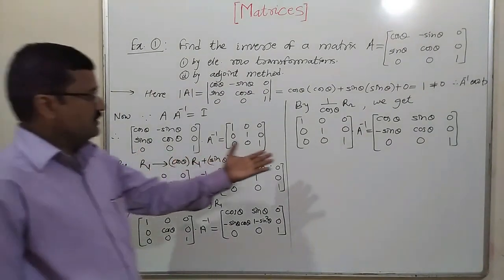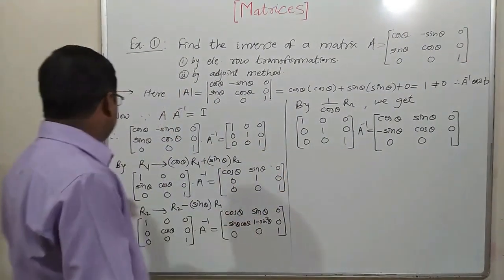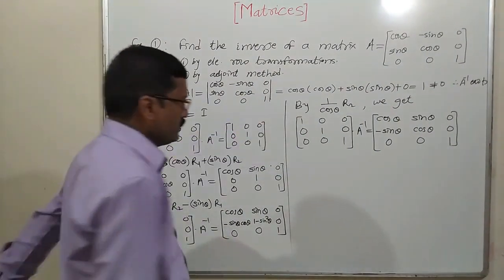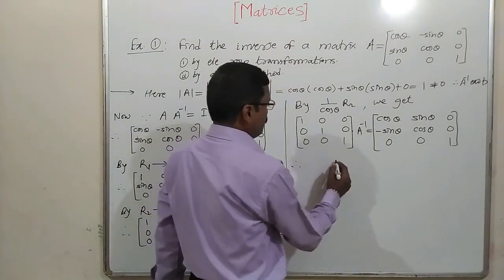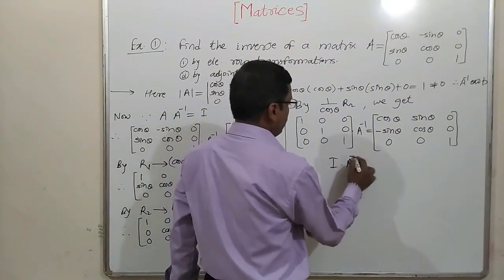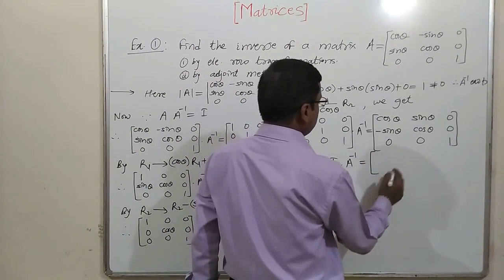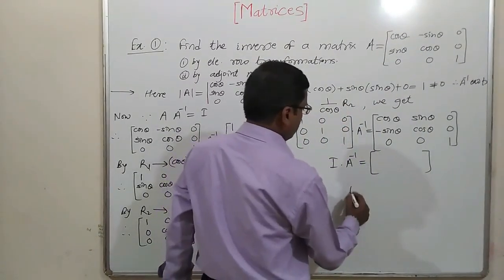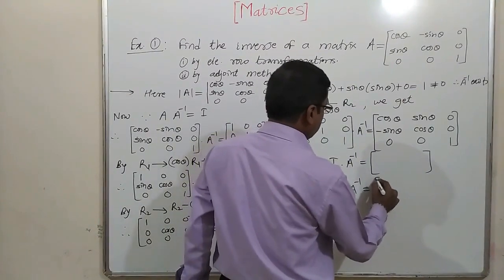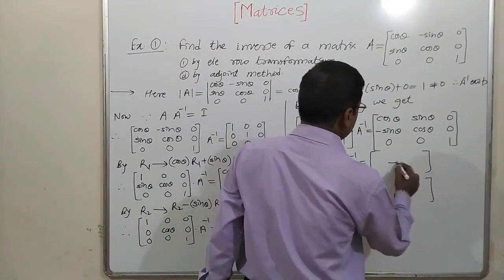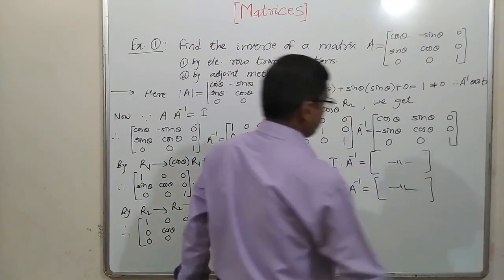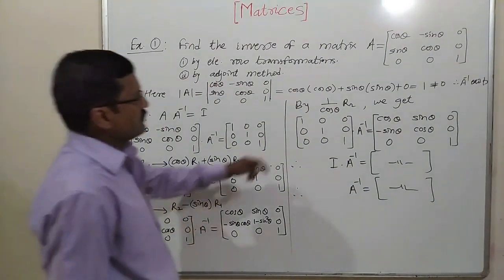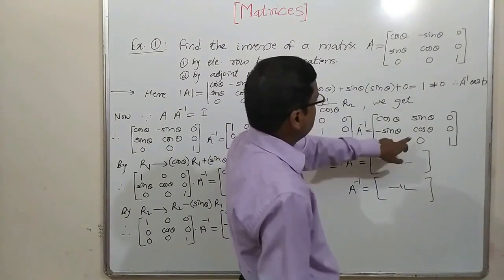We reach this identity matrix within these 2 or 3 steps. So this is our identity matrix. Therefore we get I into A inverse equal to this, the same matrix, and that is nothing but our A inverse. If you observe carefully, this is our given matrix A and this is its inverse.